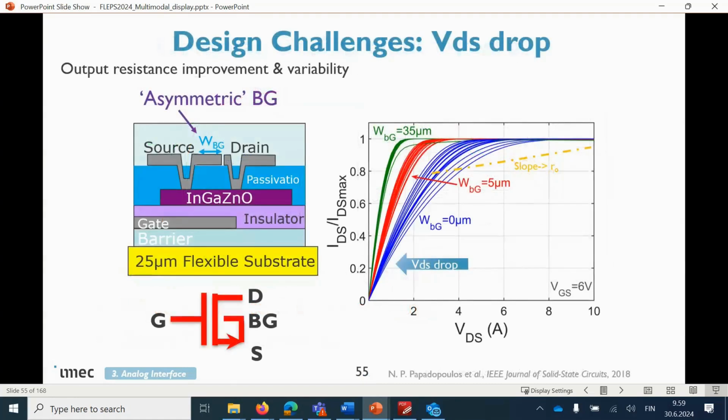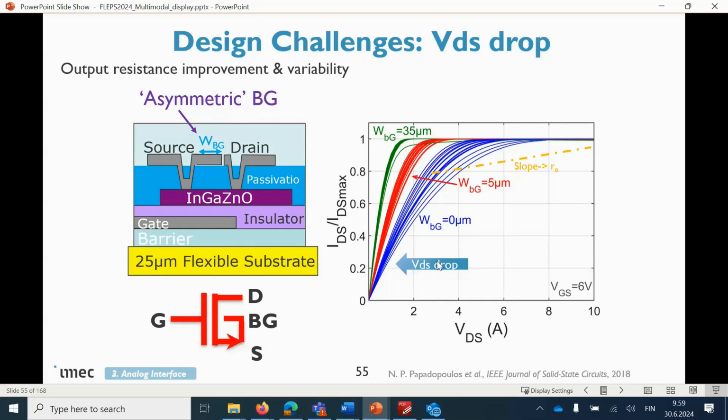And last but not least, another problem that you want to tackle is the VDS drop over your current source. And we have improved that in the past by using, again, the backgate, by changing the size of the backgate. You can see here the plots of the normalized current to the VDS of the transistor. And you see when you increase the backgate width, you drop the VDS.